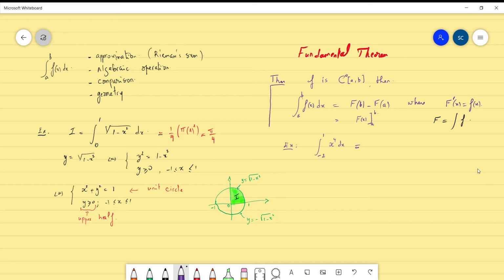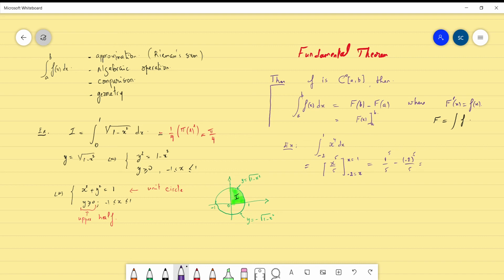So here for my situation, I can say that my area will be x^5 over 5, taken from x = -2 to x = 1, then make the difference. Substitute first the upper bound, so we will have 1^5 over 5 minus (-2)^5 over 5.